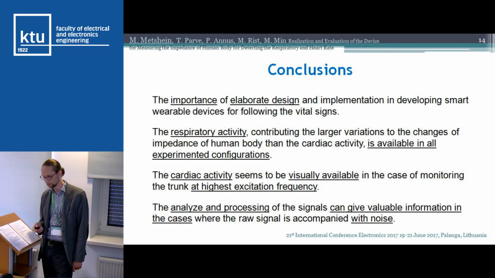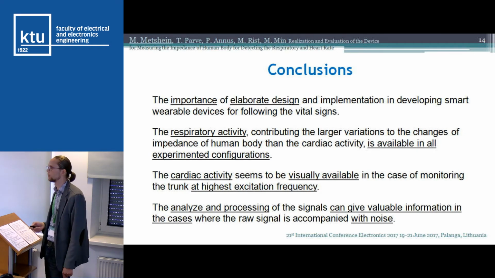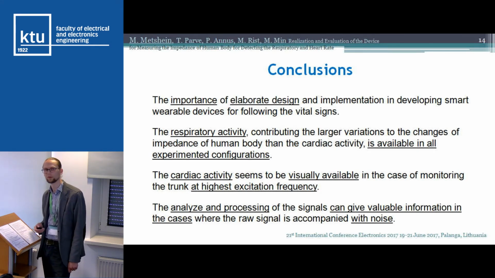The cardiac activity seems to be visually available in the case of the highest excitation frequency, but nevertheless the spectral analysis does not support this, and the analysis and processing of the signal can reveal interesting data concerning the cardiac activity especially.